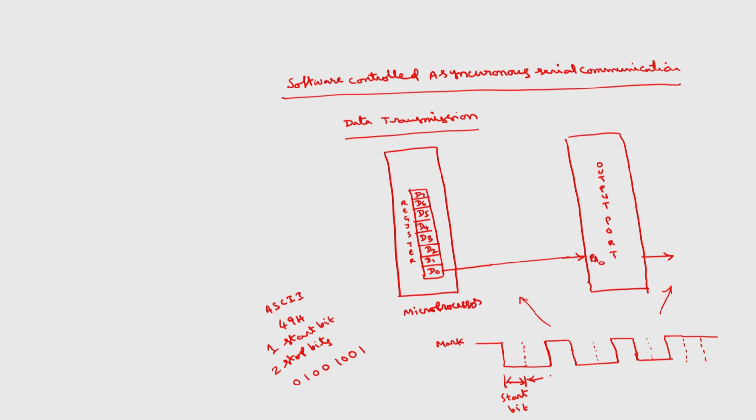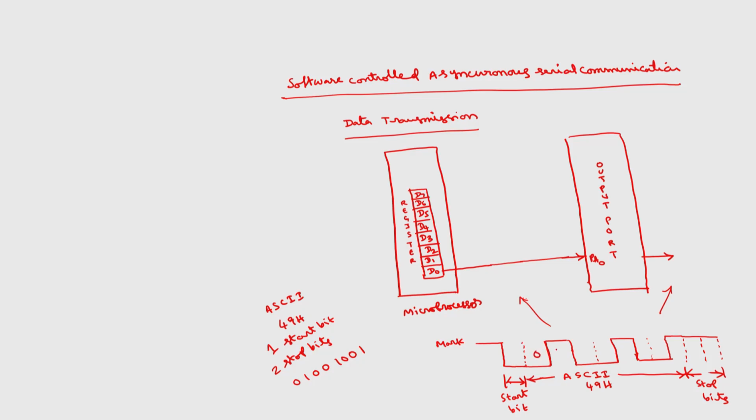So this is ASCII 49 up to here, and these two are stop bits. In total, 11 bits we are going to transmit: the start bit, then 0, 1, 0, 0, 1, 0, 0, 1 which is 49H.